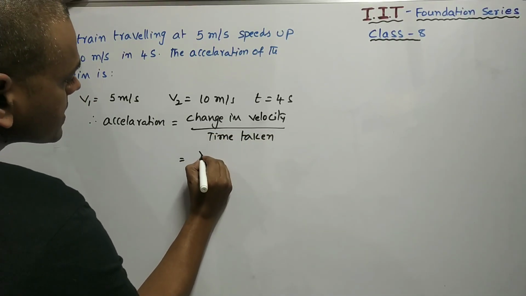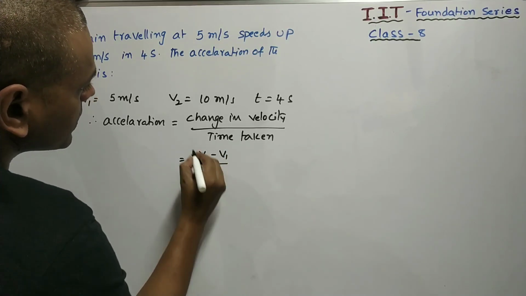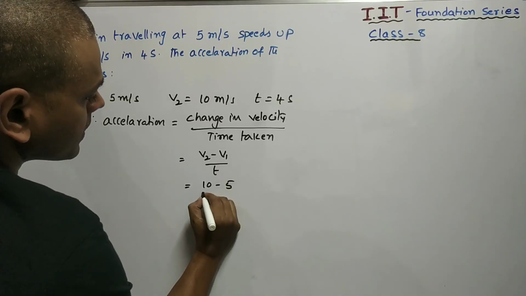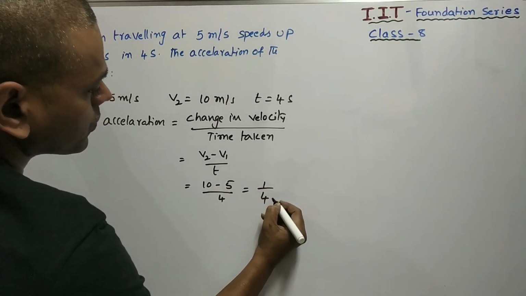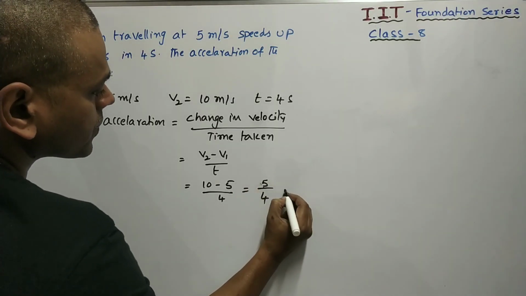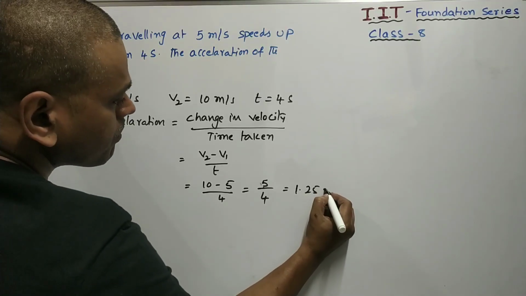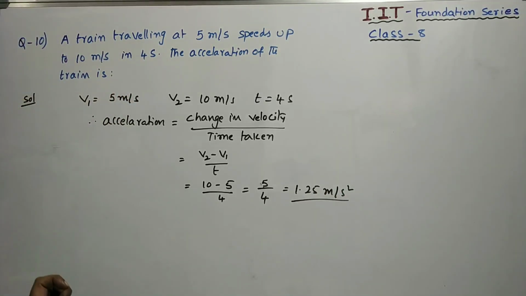So what is the change in velocity? v2 minus v1 by time t. v2 is 10, v1 is 5, time is 4. So the value is 5 by 4. The answer is 1.25 meter per second square. Okay, this is the answer for this question.